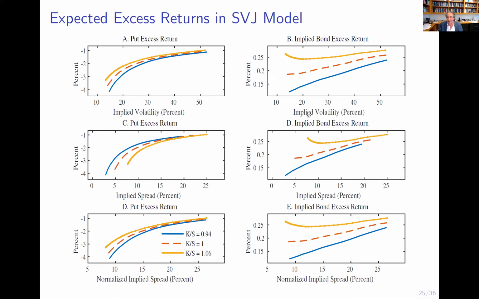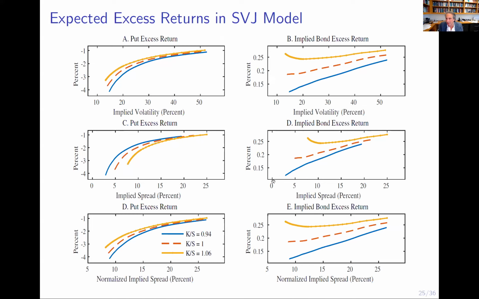But if you plot them, this is what happens. Look at the middle, for instance. You have the implied spread on the x-axis. And you see that this line is the expected return. Yes, so as the implied spread goes up, the expected return on bonds goes up. Using the standard estimates from the papers, we get exactly what we find in the data.